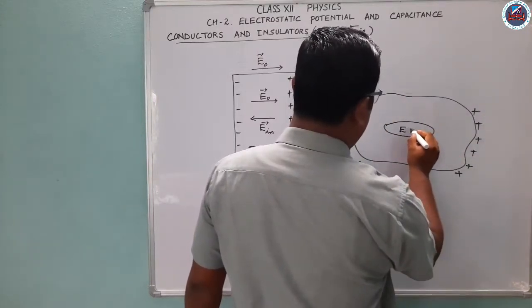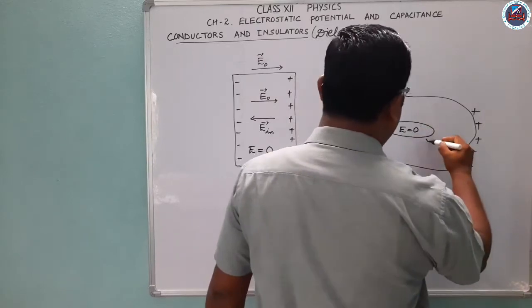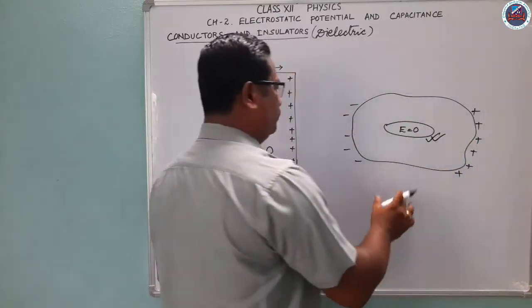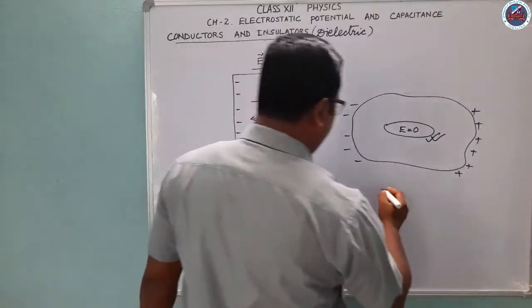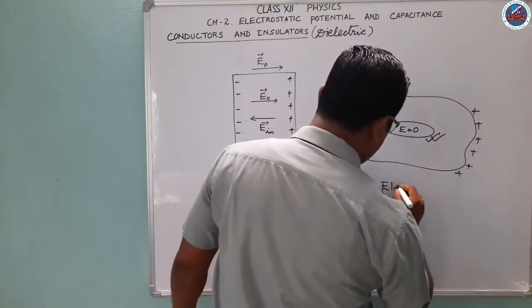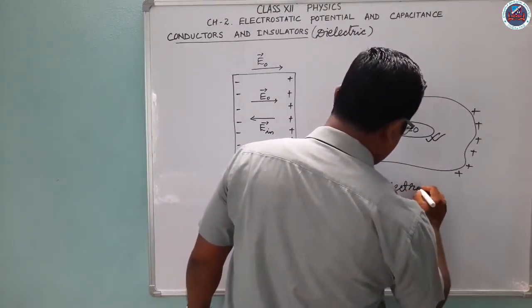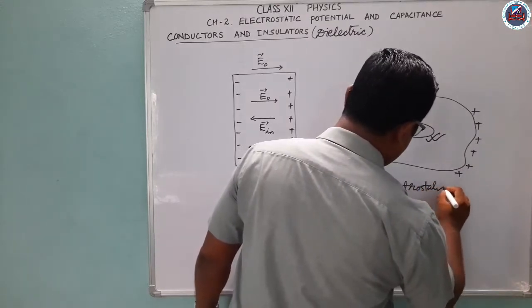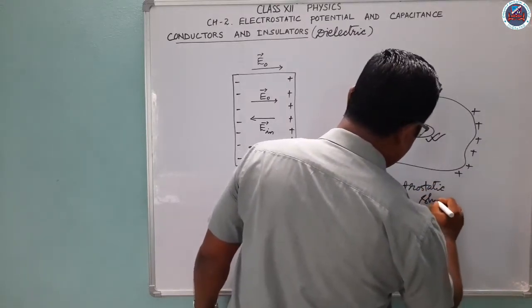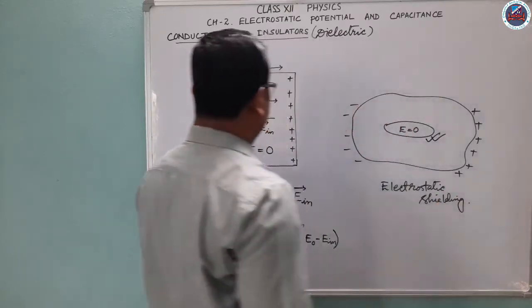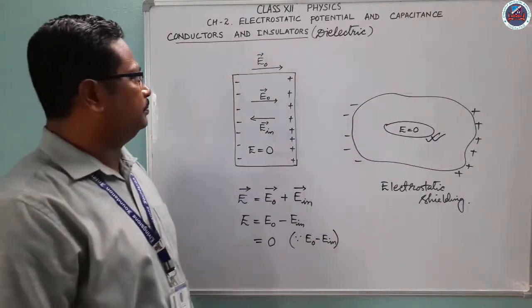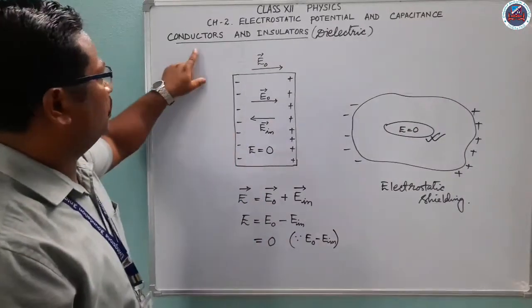So the electric field will be 0 inside, and this instrument will remain protected from the external field. This process we call electrostatic shielding. So this is in the case of conductors.